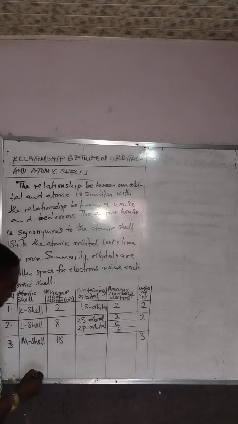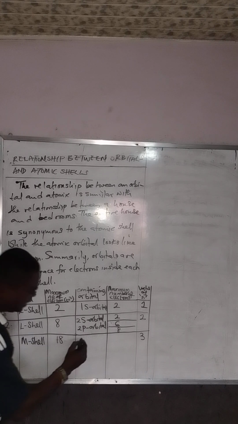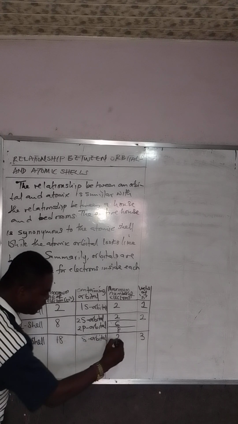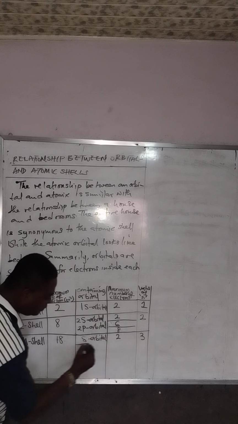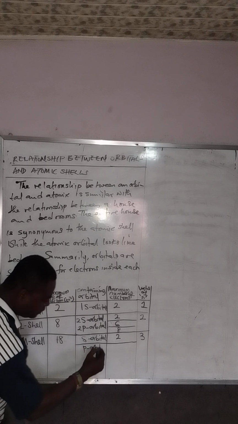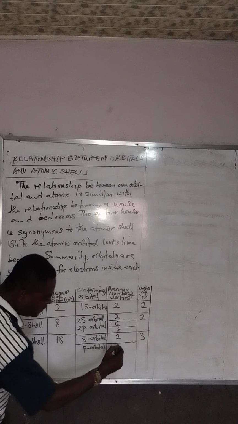Then having done that, let's confirm this. This shell contains s orbital, which carries a maximum of 2 electrons. It contains p orbital, which carries a maximum of 6 electrons.